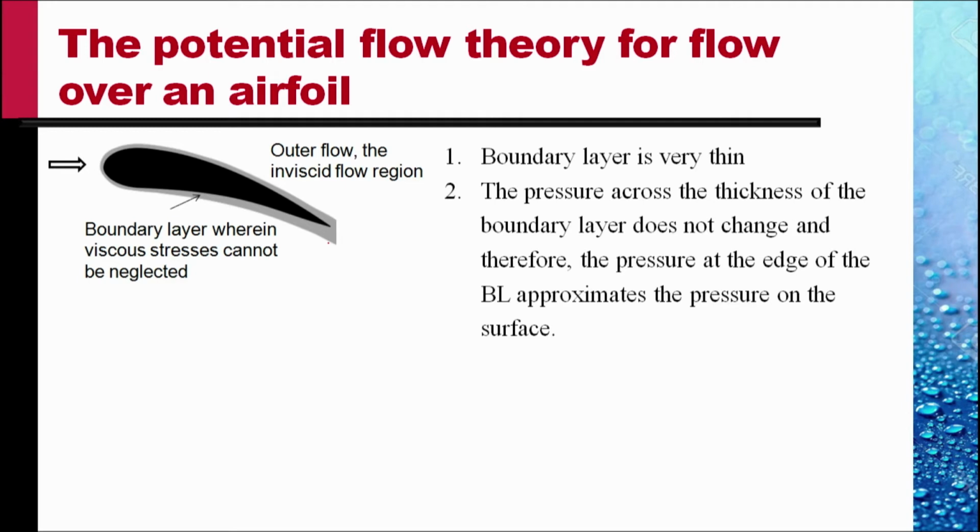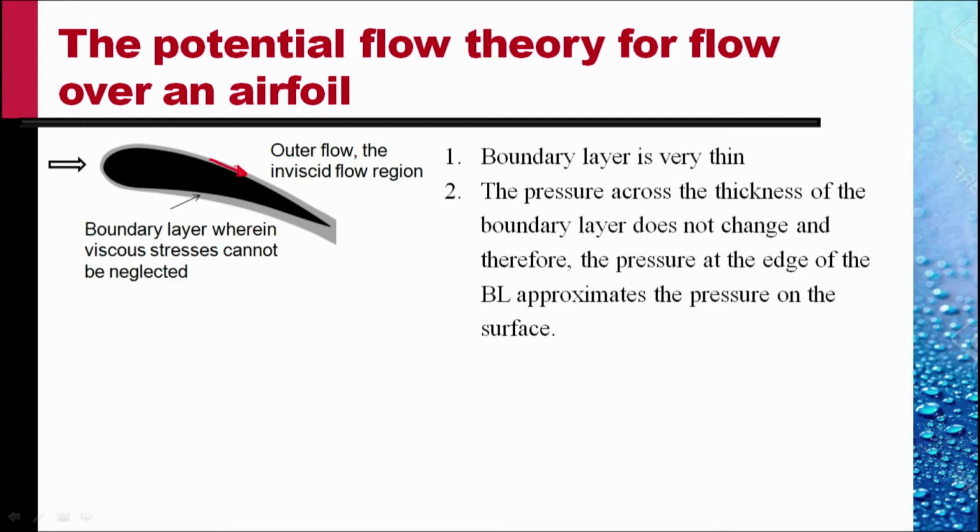Outside this boundary layer, in the region called the outer flow region, the flow can be treated as inviscid. And this inviscid flow is potential flow with an inner boundary condition that the velocity is tangential at the edge of the boundary layer, right here.